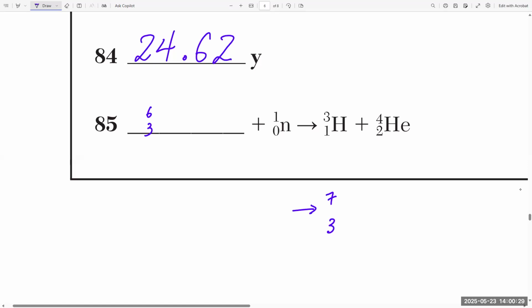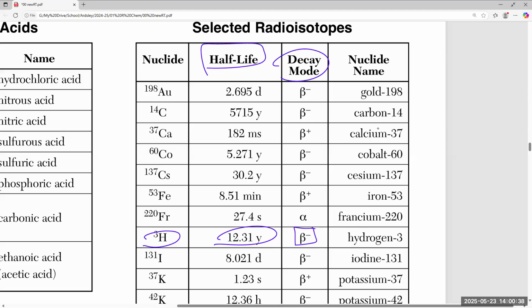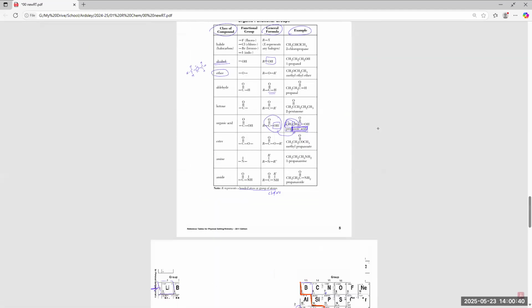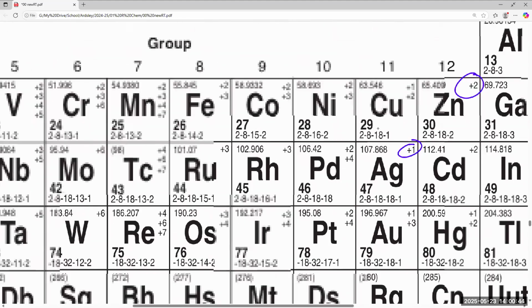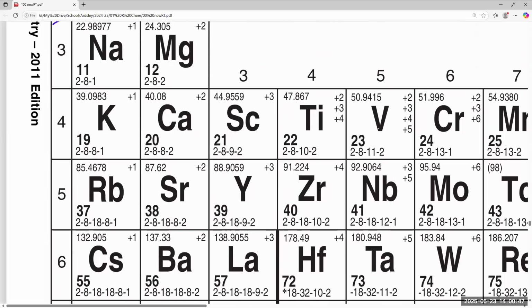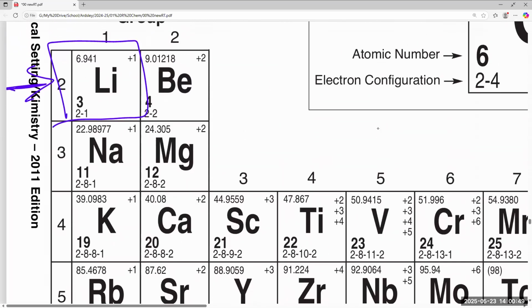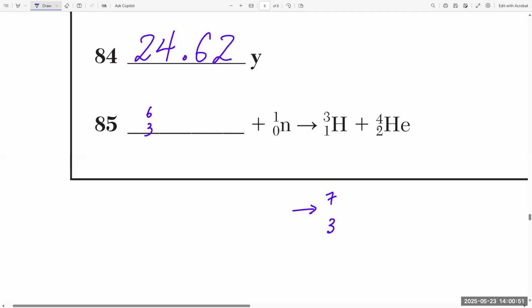If you don't remember, just look up helium in the periodic table, and you'll notice helium's atomic number is 2. So we're looking for an element whose atomic number is 3. It's already circled. It's 3, so it's lithium. And we're done. It's that easy.